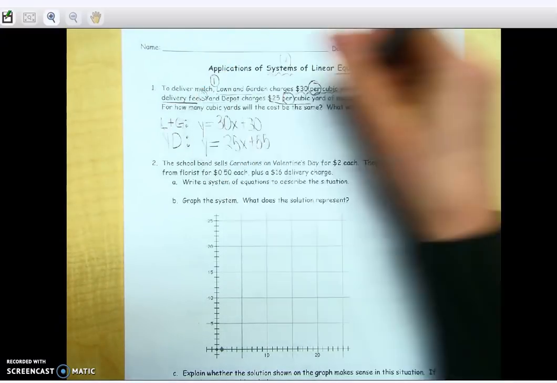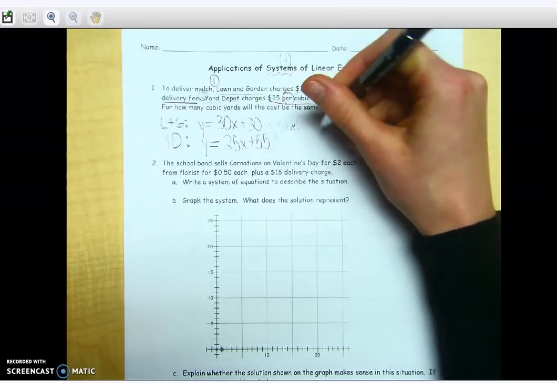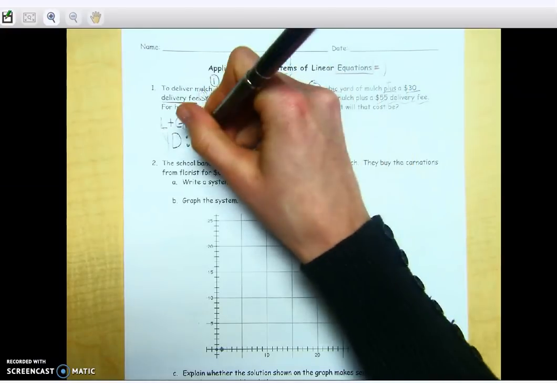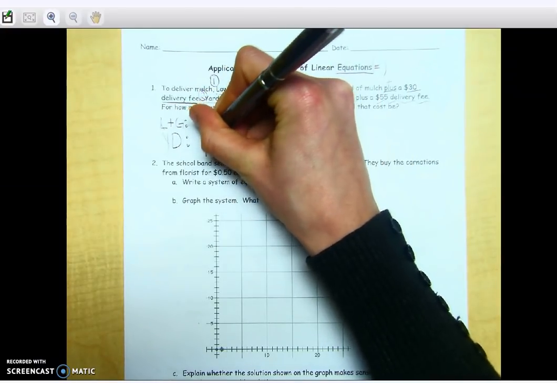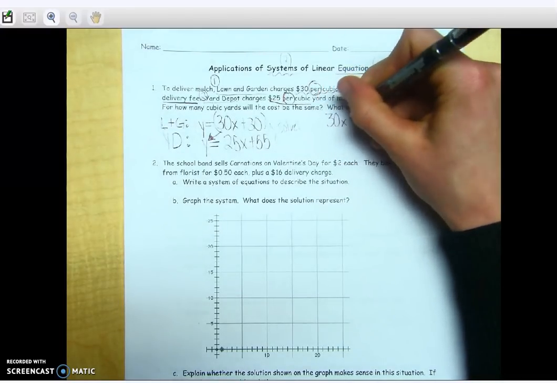Once I have my system of equations, we need to solve it. So remember, there's two different ways you can do this. You can do substitution, where I take this and I plug in my new expression for y, so I set the two sides equal to each other.